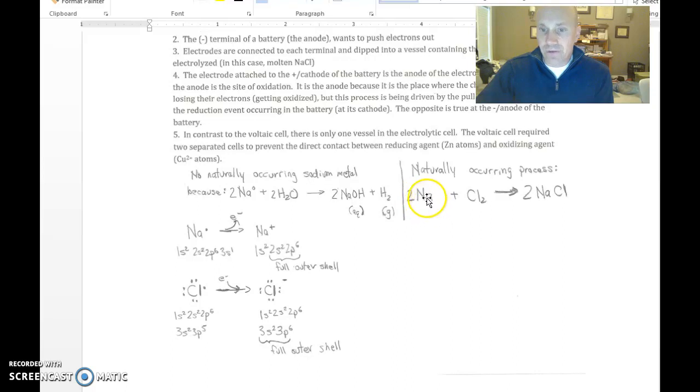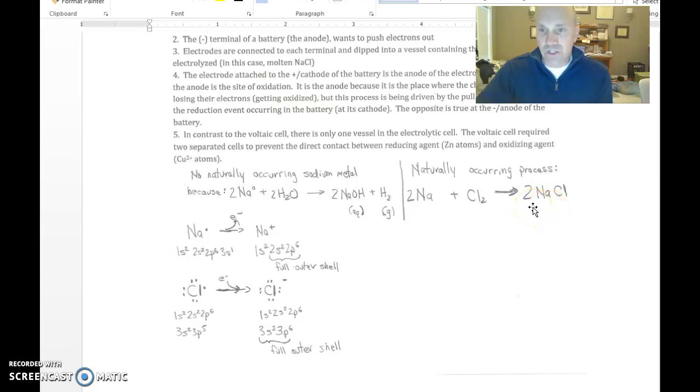So the sodium would end up being oxidized because that's 0 going to a +1 charge, and the chlorine would be reduced because that's 0 oxidation number going to a -1 oxidation number. So that's the natural process that wants to occur.